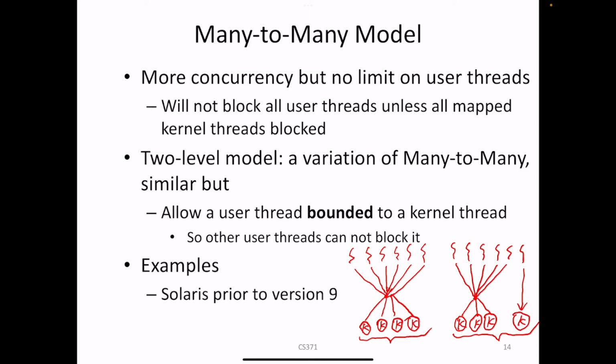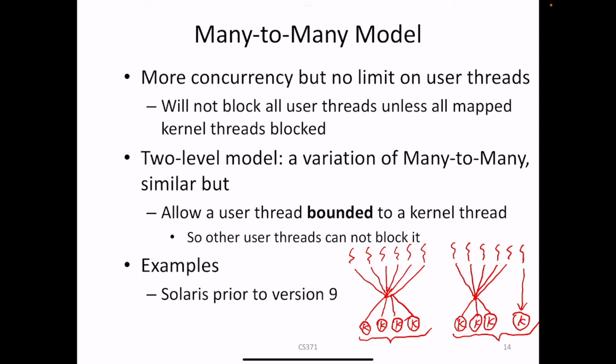So in that case, does that mean we need to use a one-to-one mapping model? Actually, later you will know that a variation of the original many-to-many model, which is called the two-level model, can address this problem. It allows a user thread to be dynamically bound to a kernel thread so that other user threads cannot block it.